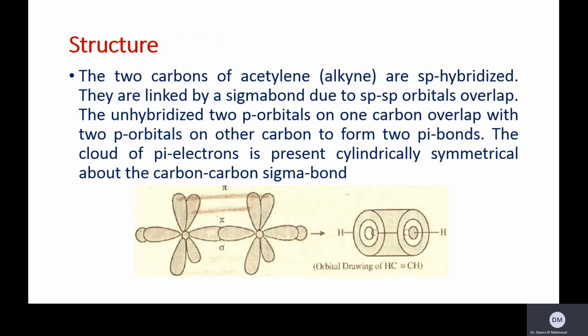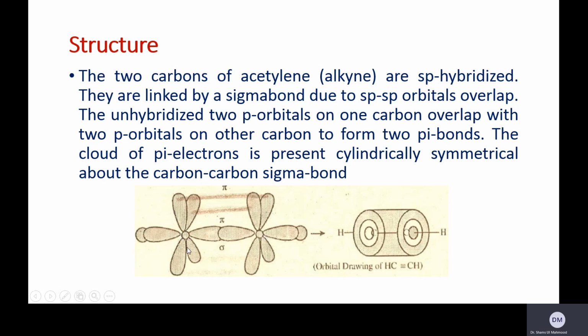The structure of the alkyne: there is a carbon-carbon triple bond. Each carbon in the alkyne is sp hybridized. These two sp hybrid orbitals, on one side, overlap with the hydrogen, and on the other side with the sp orbital of the neighboring carbon atom.